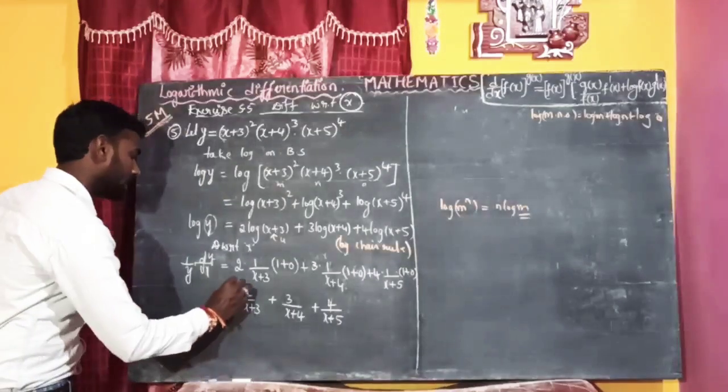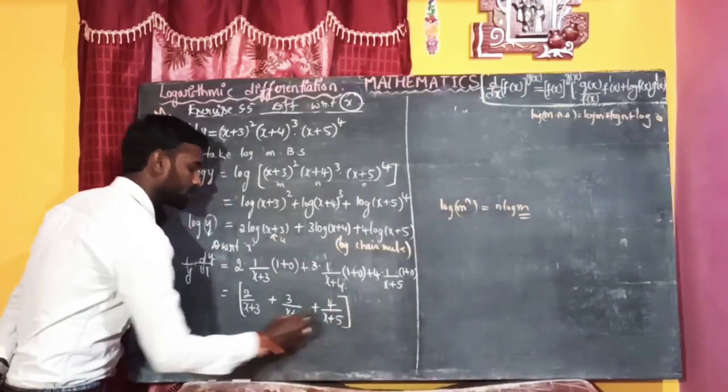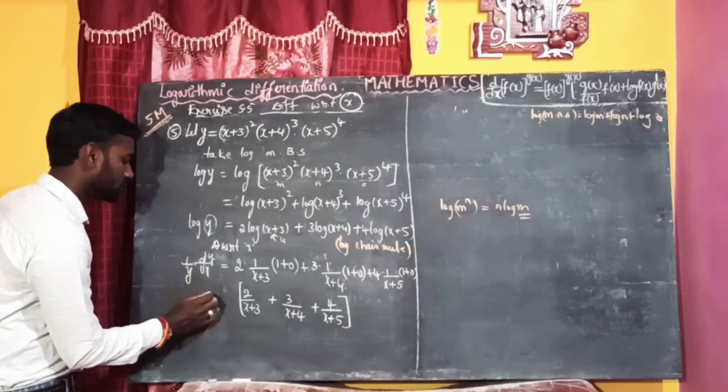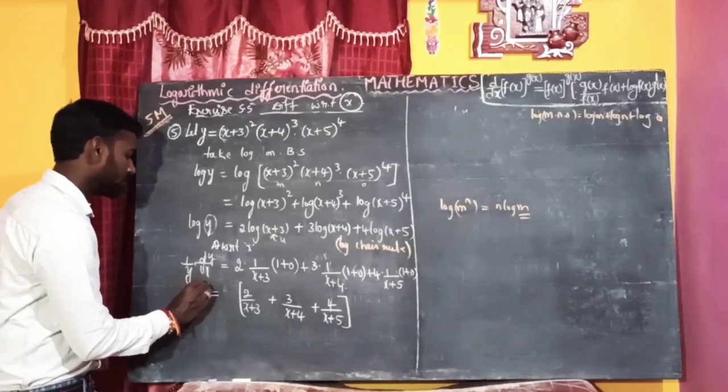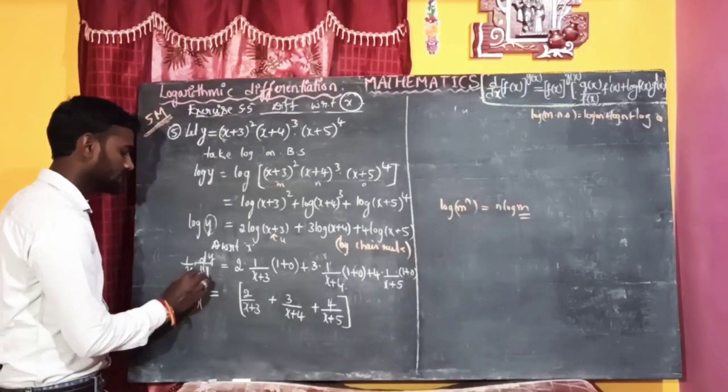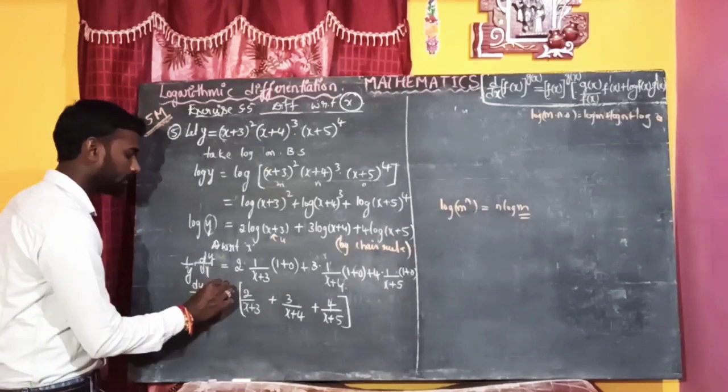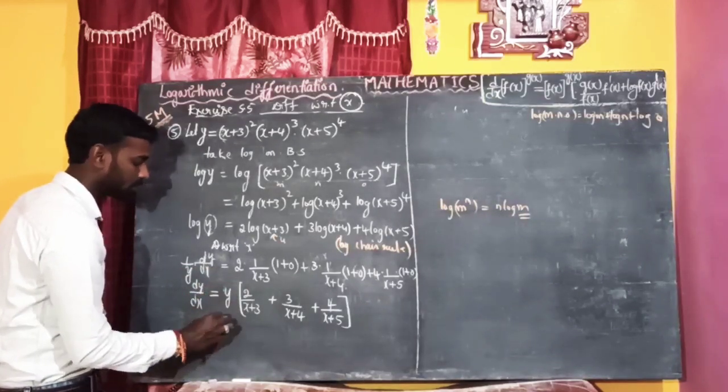Observe guys, this is equal to dy by dx is equal to, if I shift this 1 by y to the right hand side, that becomes the numerator.